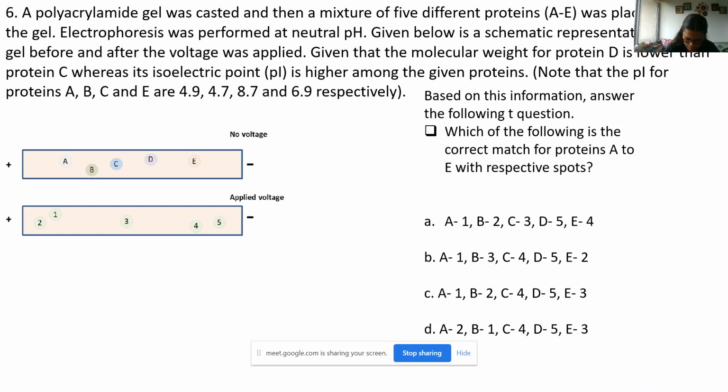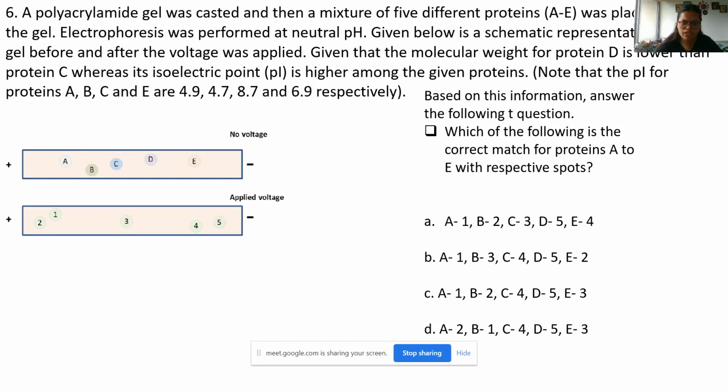Yes, ma'am. First of all, if we look at the isoelectric point, D has a higher isoelectric point than all the other amino acids. And in all four options, D is equal to 5. Higher isoelectric point means those are acidic amino acids like aspartic acid, glutamic acid. They have those high isoelectric points.